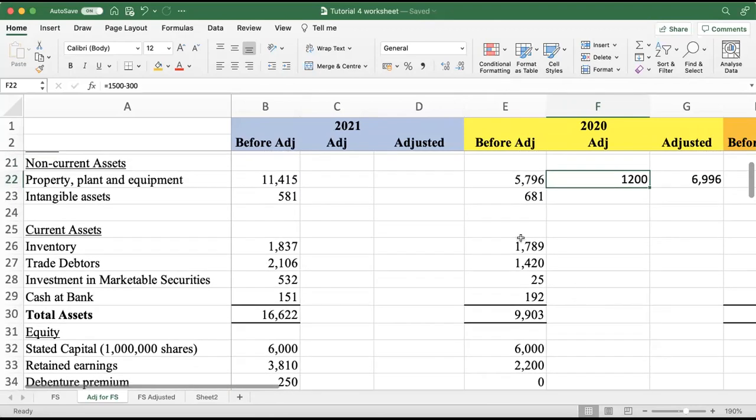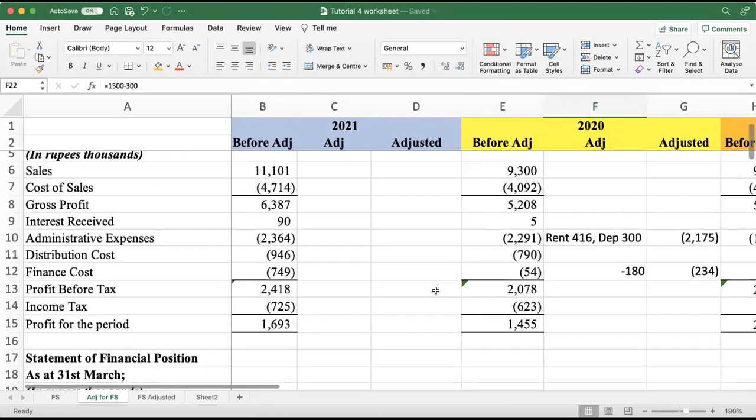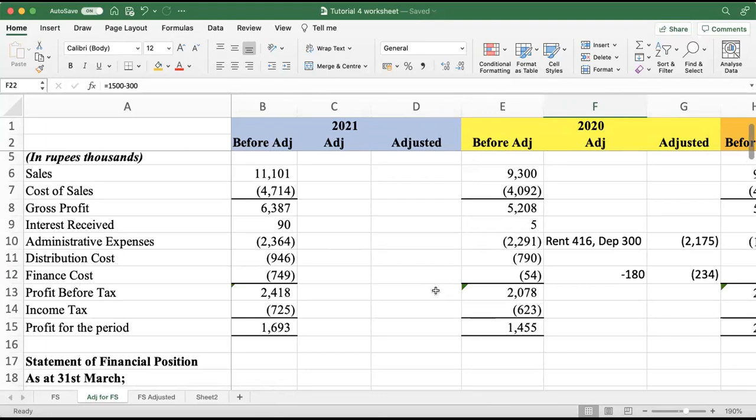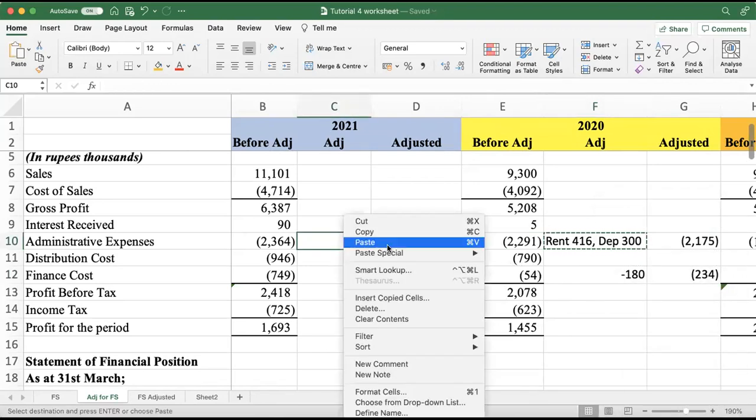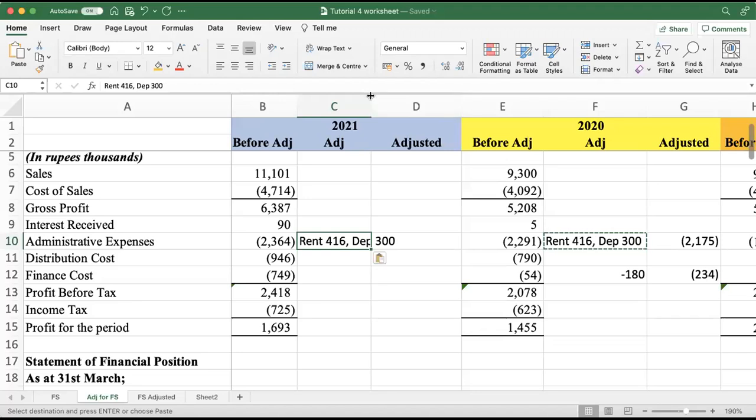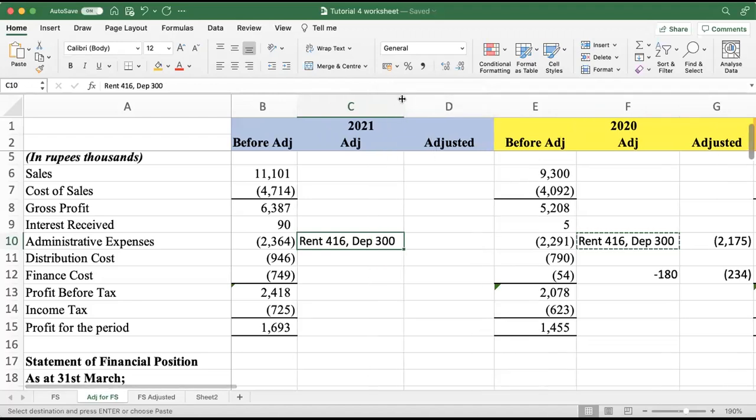Similarly, you have to complete 2021. You have to adjust 2021. Now, lease rental is already included in administrative expenses. You deduct rent from administrative expenses for 2021 and add depreciation.